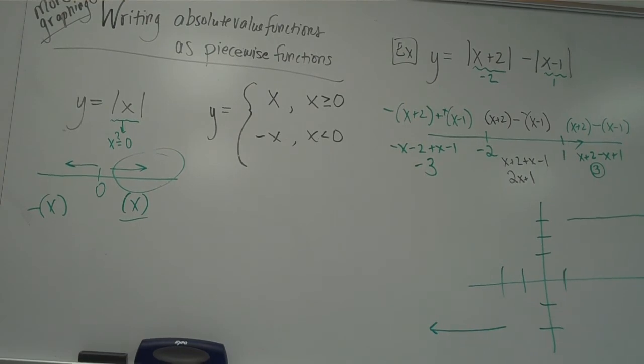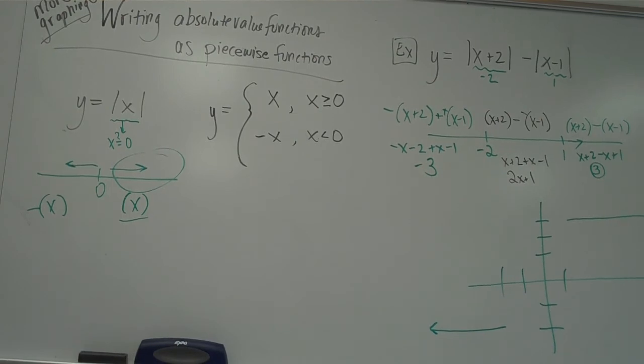And then I have to get this inside part going on. This is a lot of information at one time, so I know it's a lot to take in. But if I want to figure out what's happening at negative 2 and at 1 for this part, all I have to do is plug in these endpoints. If x is negative 2, where am I starting for this part?